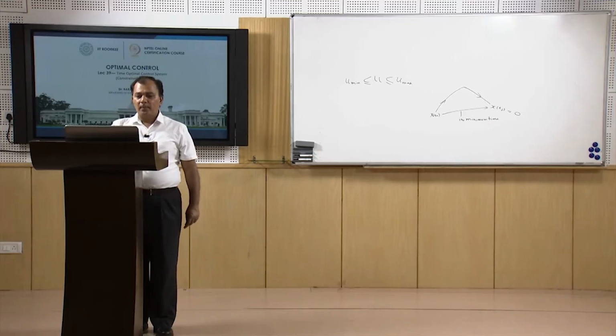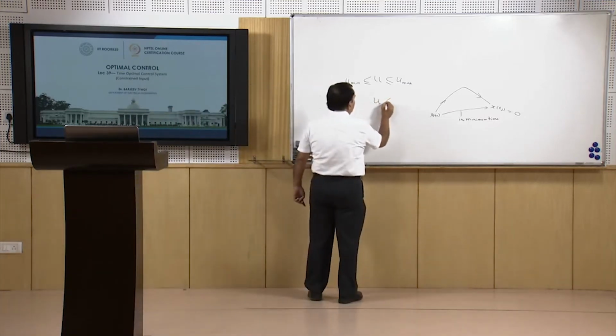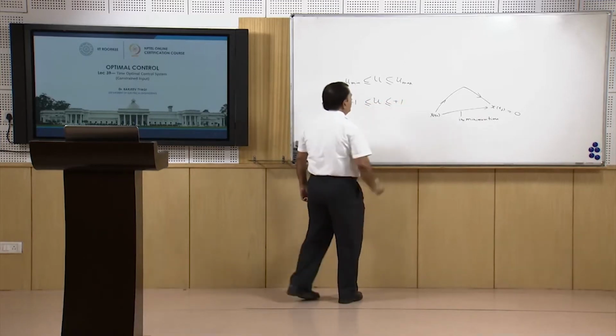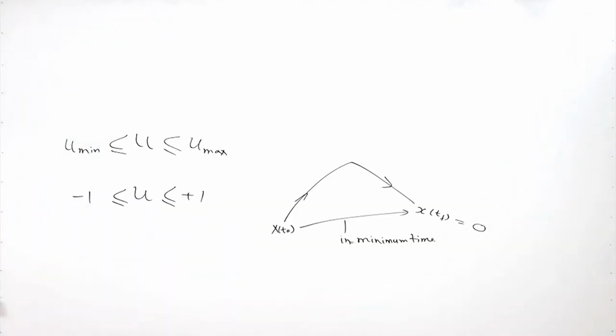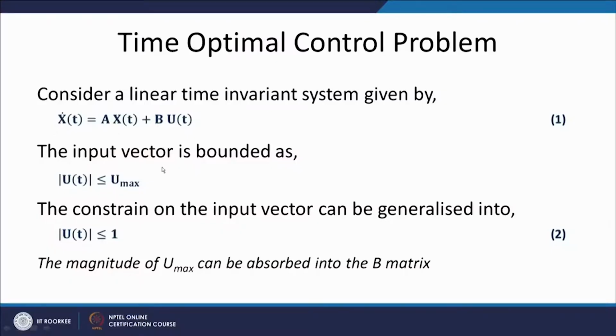If I normalize this bound to have u between -1 and +1, whatever the magnitude is, I can absorb it in my matrix B. So, mod of u(t) less than u max I can write as mod of u(t) less than or equal to 1, by absorbing the magnitude of u max in matrix B.